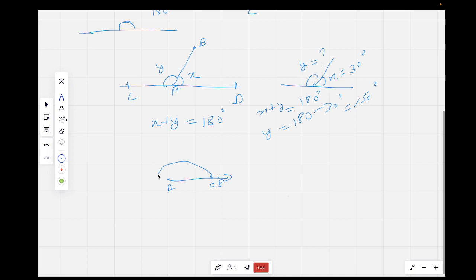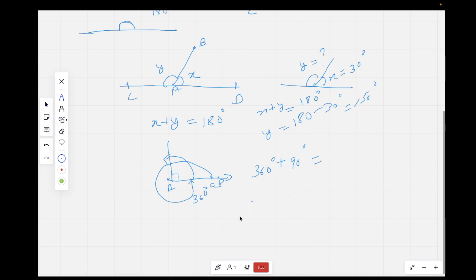So it takes one full turn and reaches here. So it will take 360 degrees. And again, if it continues the motion and goes in the anti-clockwise direction and takes, let's say, one full rotation and one quarter rotation, it will be 360 plus 90 degrees. So this much angle it will subtend.